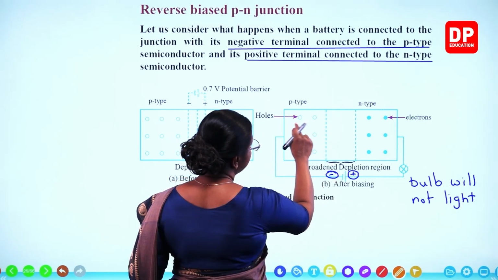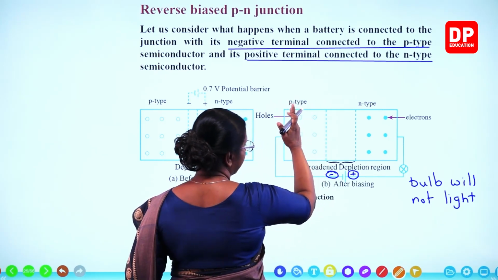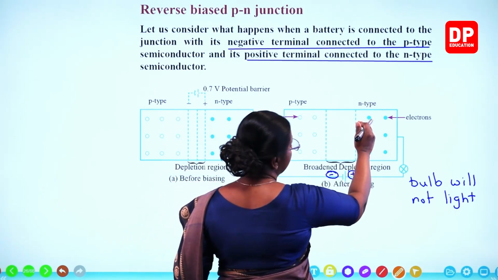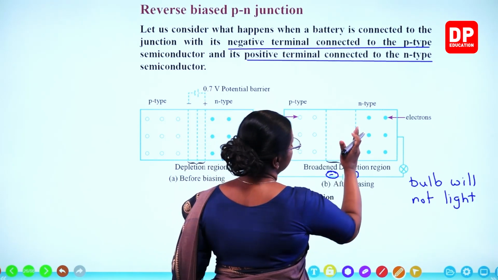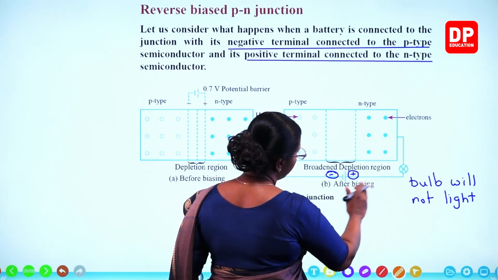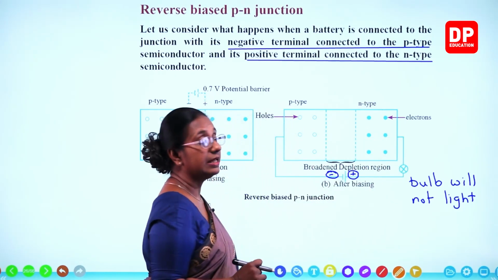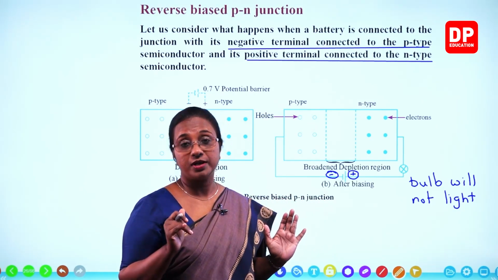The electrons come and fill up the holes. Because of that, the depletion layer moves towards this side. At the same time, the electrons here are attracted towards the positive terminal. So, they move towards this side, towards the positive terminal. Because of that, there is a broadened depletion layer. The depletion layer becomes broad.